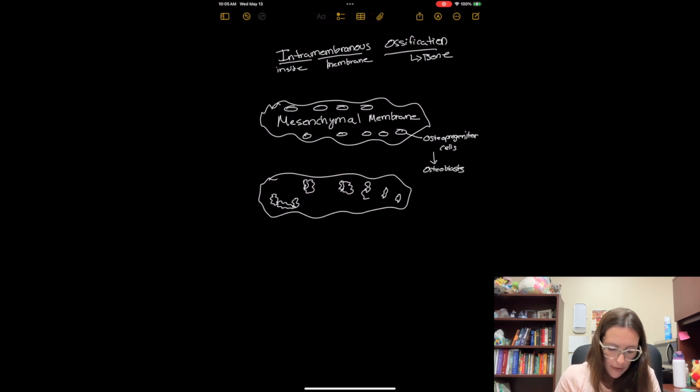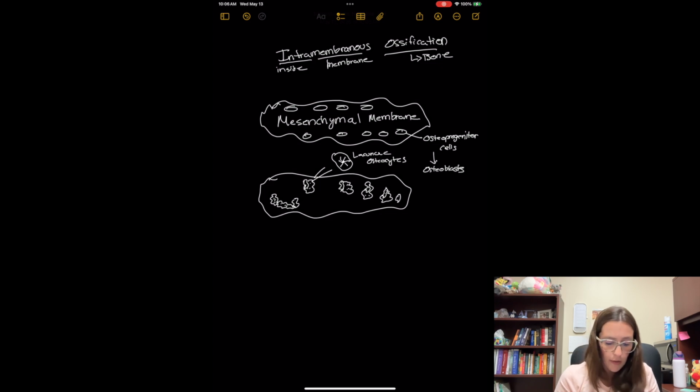And inside these bigger structures, in the center, we're going to start seeing our lacunae, the little lake for my osteocytes to sit in. So I've got my osteocyte, my mature bone cell.